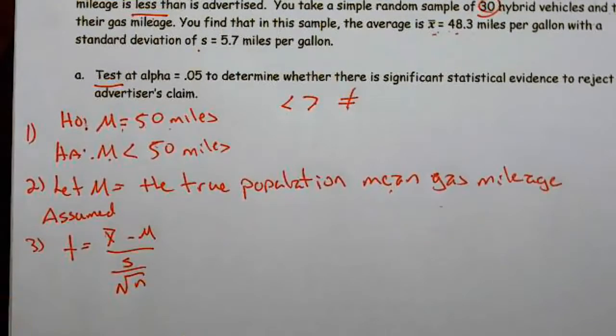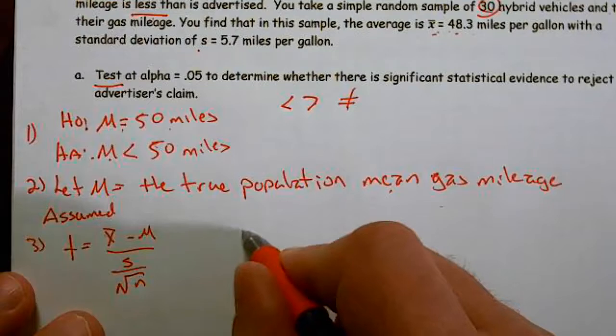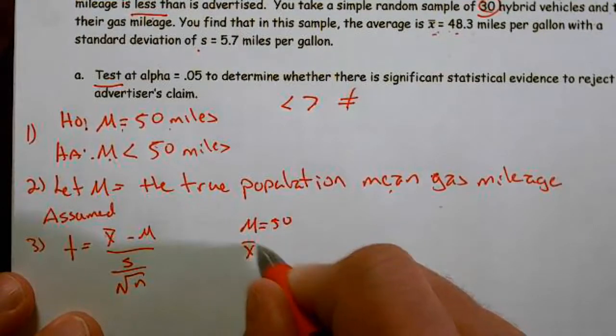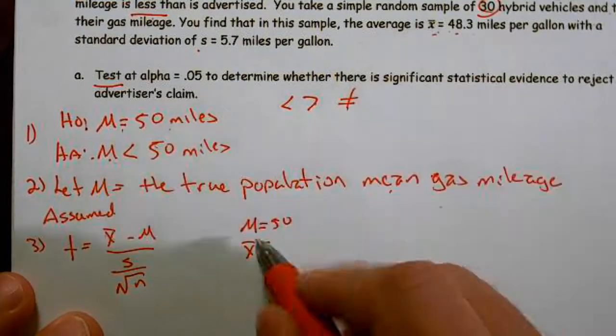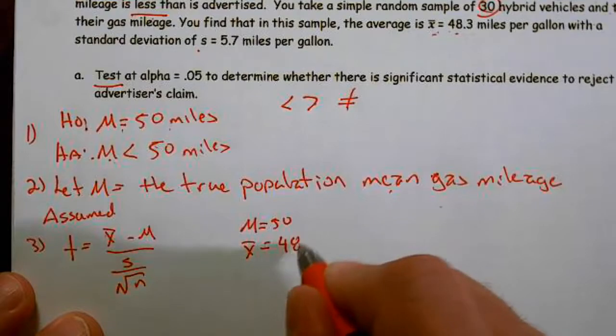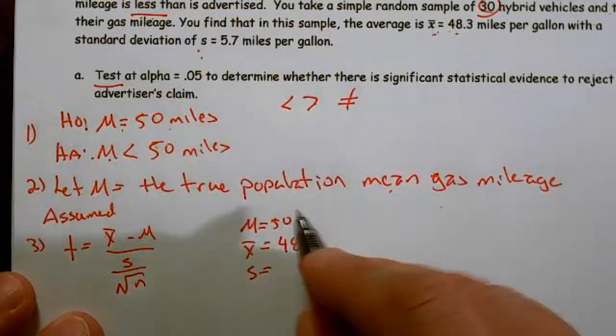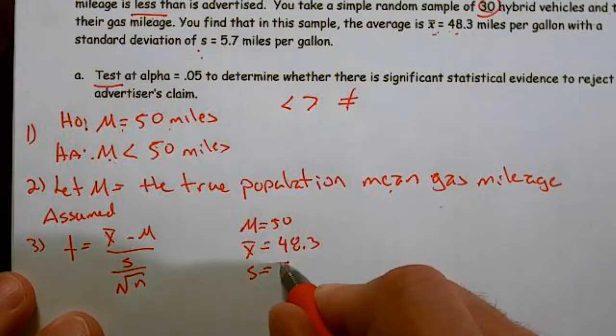If we're given a list of data we need to input at this time, we weren't. So now we need to find our information. Well, mu is 50. X bar, in this case, was 48.3. S is 5.7. That's our standard deviation of the sample.